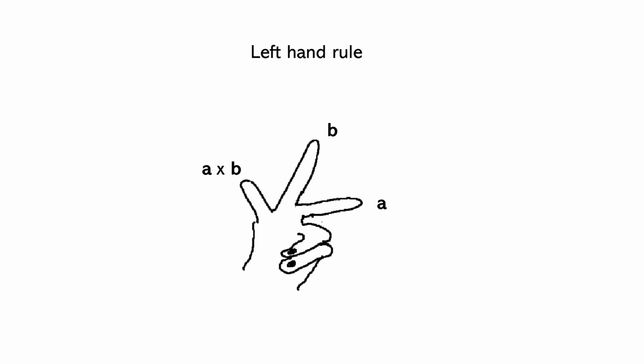Nice! And after that, for the sake of completeness, I must acknowledge that there is a way you can work out what direction the cross product vector is going to be going in comparison to the original vectors of A and B, using either your left hand and right hand and labeling your fingers in a certain way to be able to work out what direction that particular vector is pointing in.